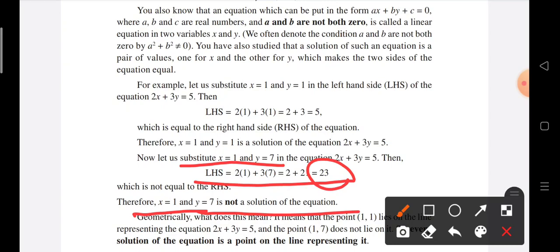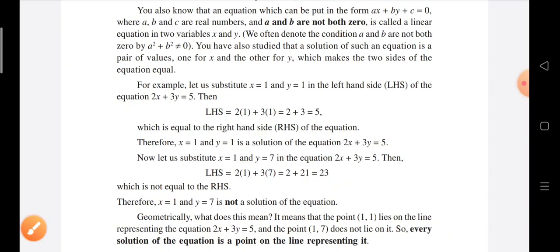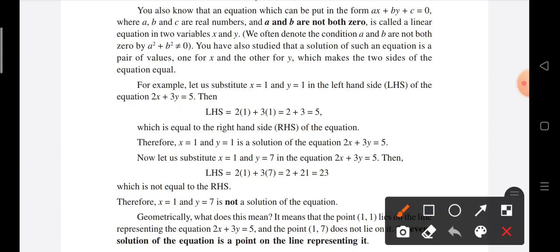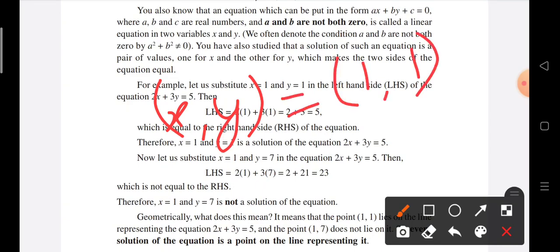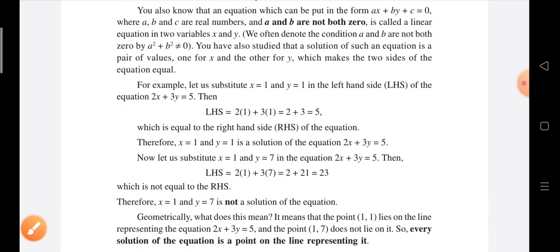Geometrically, what does this mean? It means that the point 1 comma 1, that is the x comma y coordinate, lies on the line representing the equation.